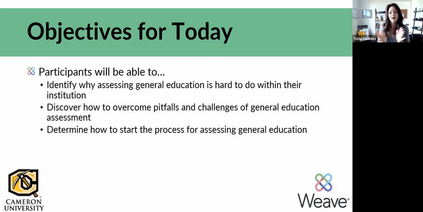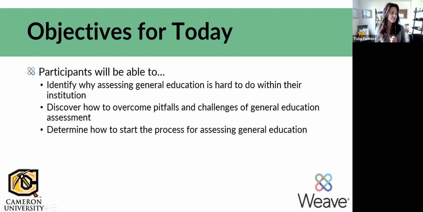Carla will share how she got people on board, and maybe not everybody on board, but how she built the assessment process at Cameron. We'll also talk a little bit about pitfalls and challenges, and think about how to overcome those pitfalls and challenges. And then at the end, give you some ideas on how to start the process.